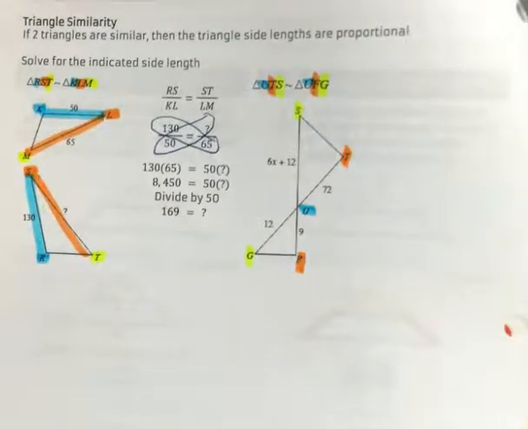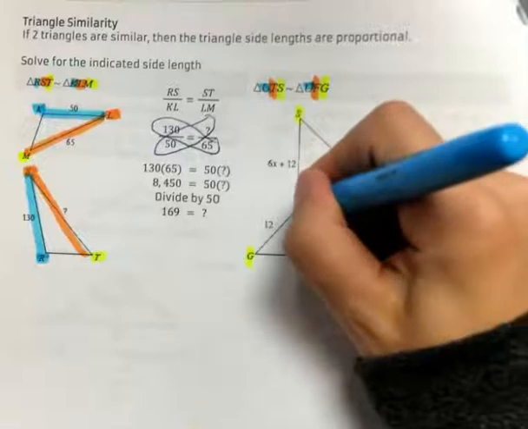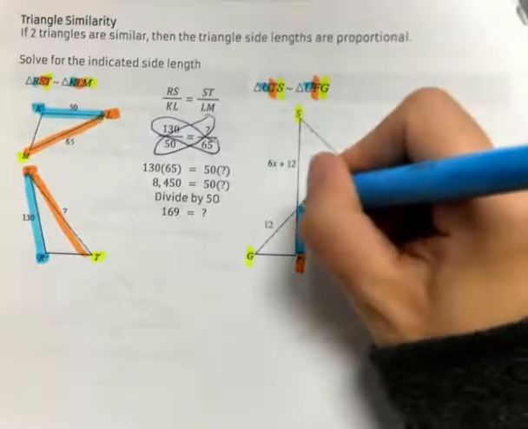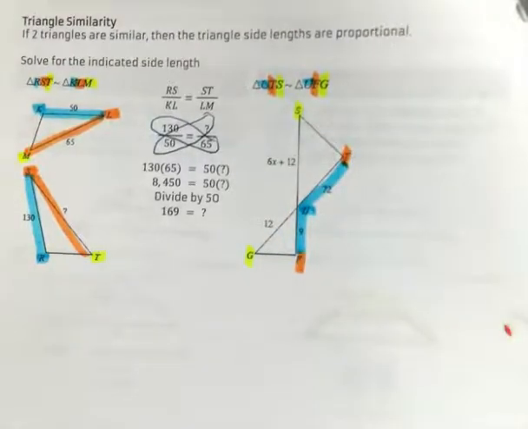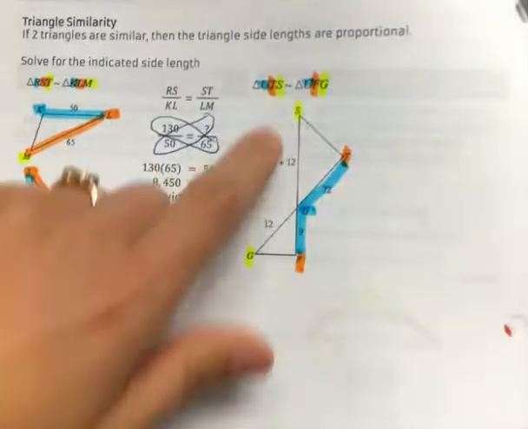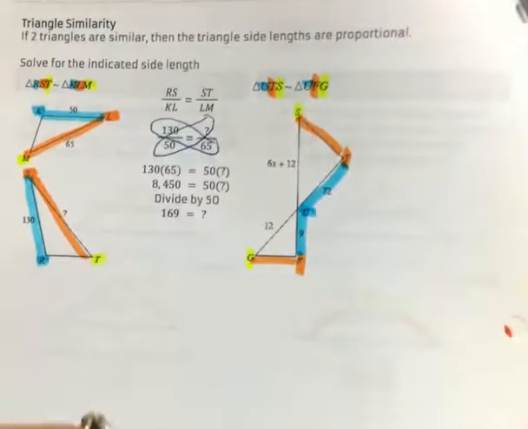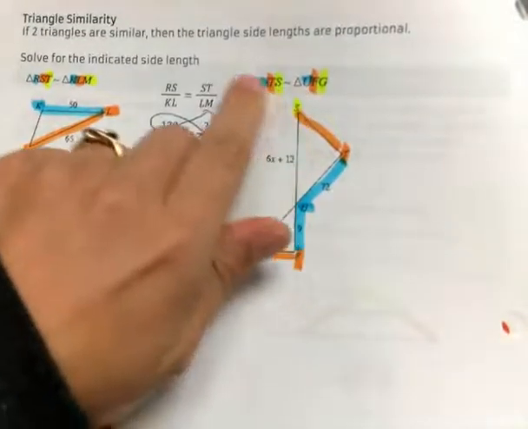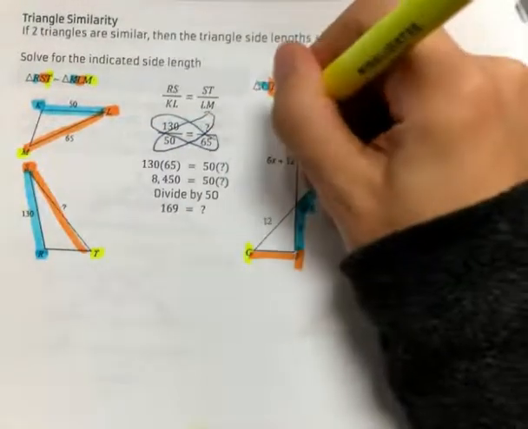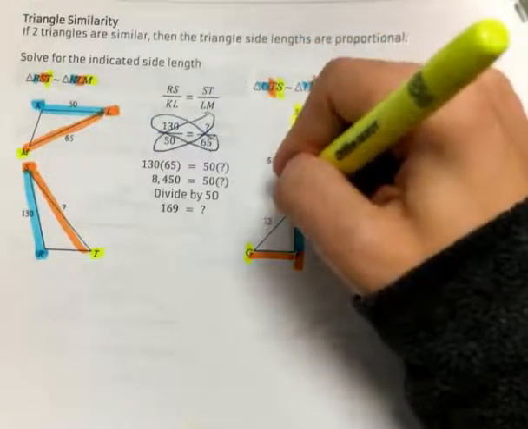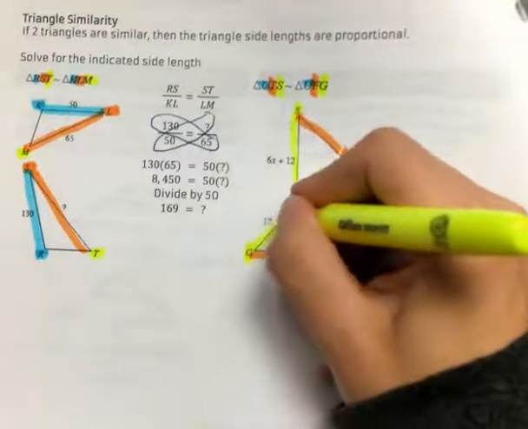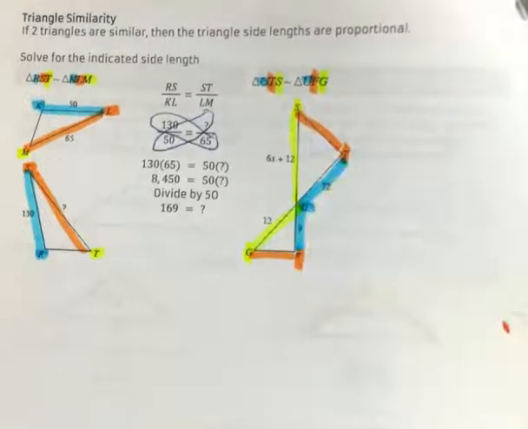All right, so now I'm going to go ahead and connect my blue to my orange, blue to orange, blue to orange. All right, I'm going to connect my orange to my yellow, and then I'm going to connect that yellow to my blue. See how that yellow goes to that blue U?